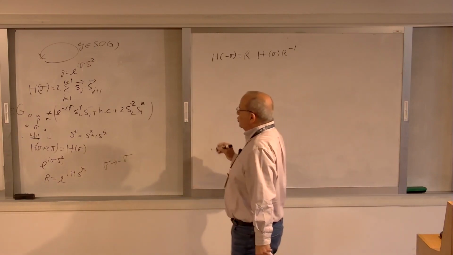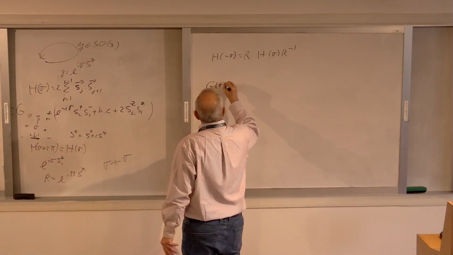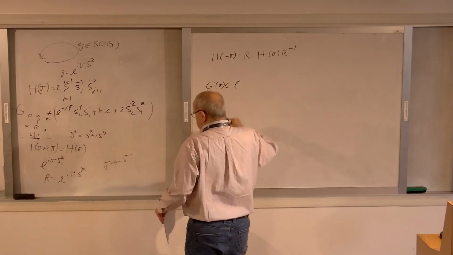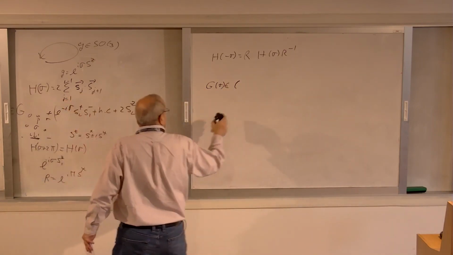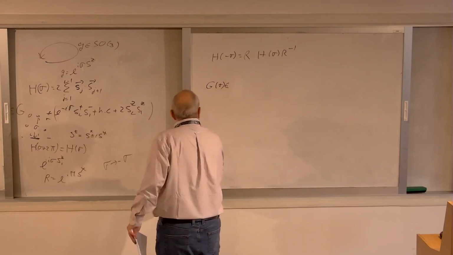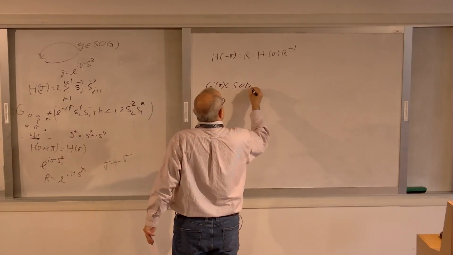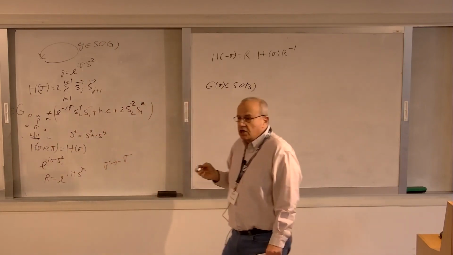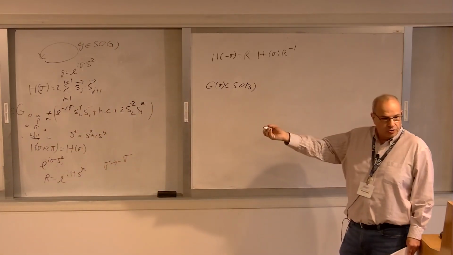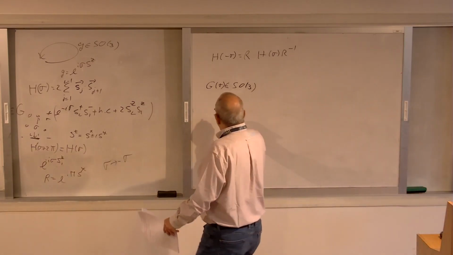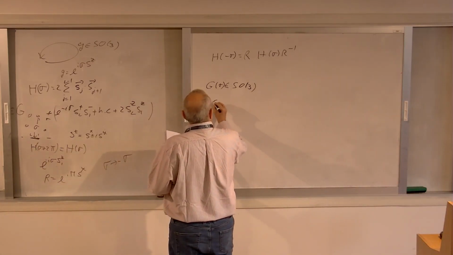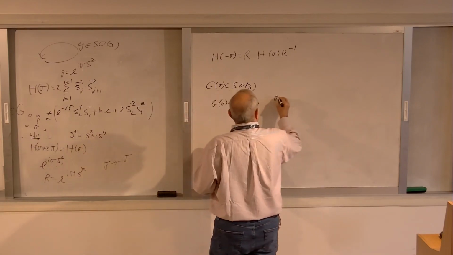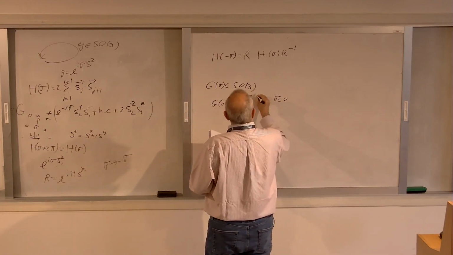And what's the internal symmetry? The internal symmetry group is a subgroup of the original SO3. Originally we had SO3, but now it becomes a subgroup, which is the centralizer of the group element. These are the set of transformations that commute with the Hamiltonian. So G of sigma: for sigma equals 0, there is no defect, so we have the full SO3.